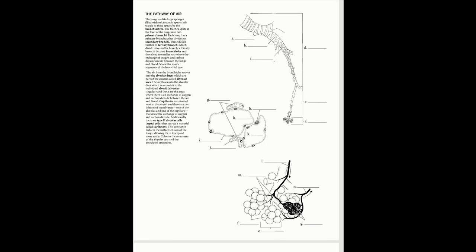So again, to prevent collapse, we're going to have cartilage rings. So this is just cartilage here. And then once you branch off of, I'm going to label this even though it's not, this here is our primary bronchus.